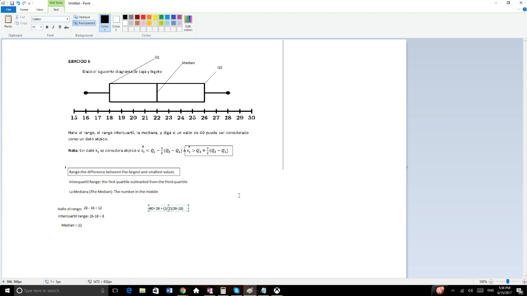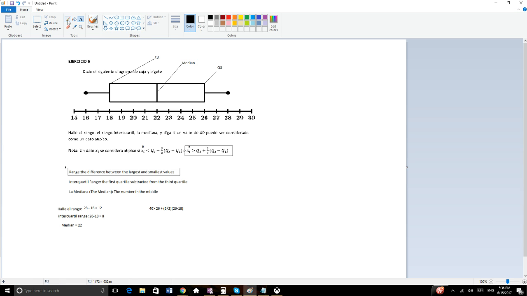Okay, I'm going to switch to a pencil now. And okay, so 26 minus 18, we already decided that was 8. And if you're wondering how I'm doing this, it's just my order of operations. And if you don't understand this part, I will be more than happy to walk through it with you and explain it to you.